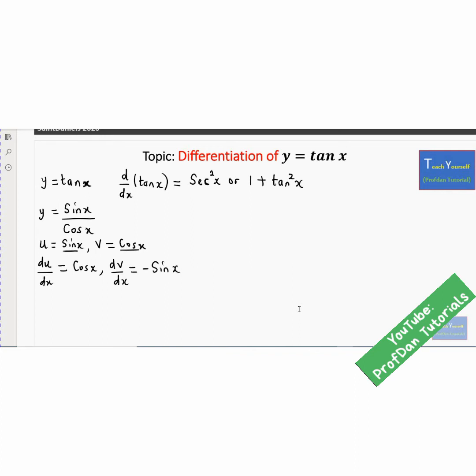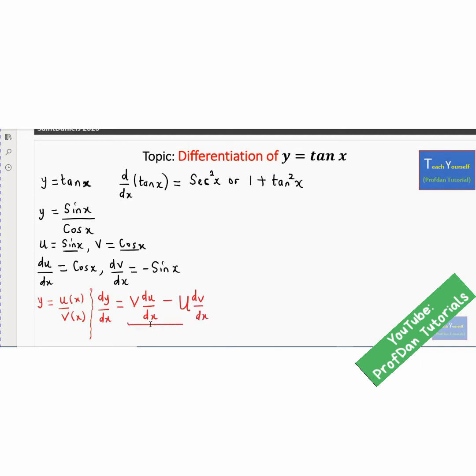Having all this, you need to recall what the quotient rule states. If you check our video on the quotient rule, if y is in fractional form u over v, where both u and v are functions of x, then dy/dx is going to give you the denominator, which is v, times the derivative of the numerator, du/dx, minus the numerator u times the derivative of the denominator, dv/dx.